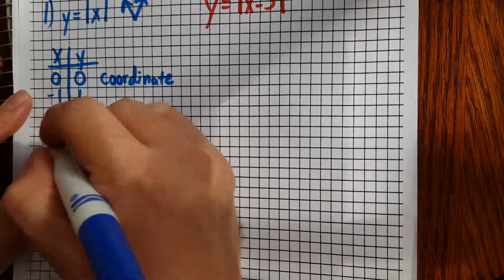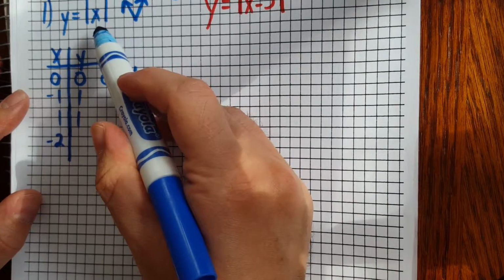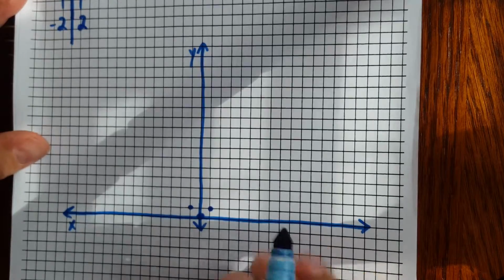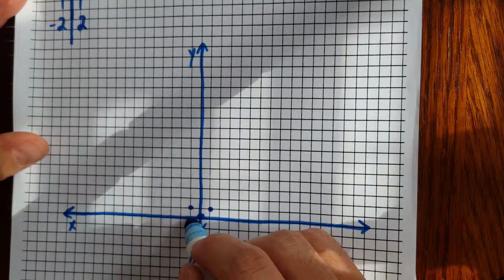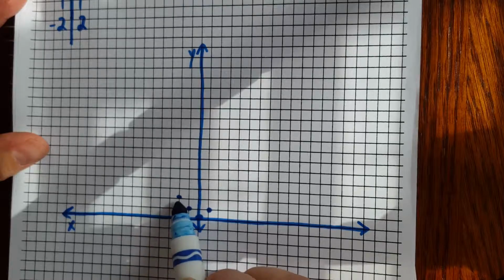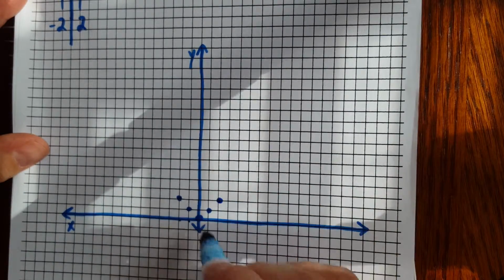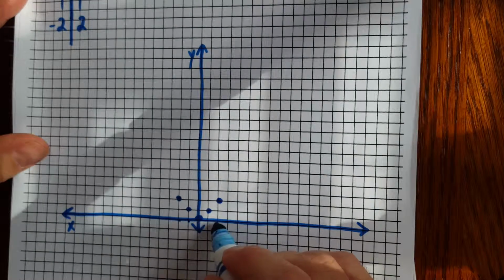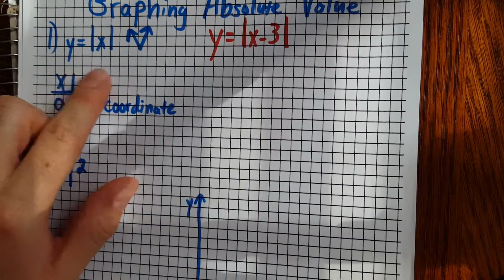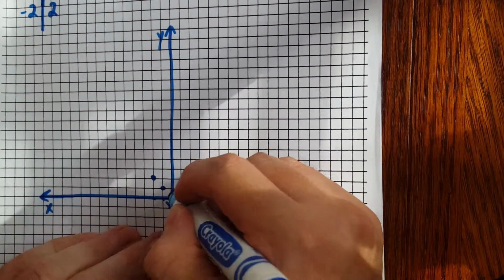When I put in negative 2 here in my little chart, I'm doing the absolute value of negative 2, which is positive 2. And when I plot that point, that's going to be negative 2 and up 2. And I'm also going to have this same corresponding point over here, over 2 and up 2. So this graph right here, y is the absolute value of x, is done. All I have to do is trace in all of these points.